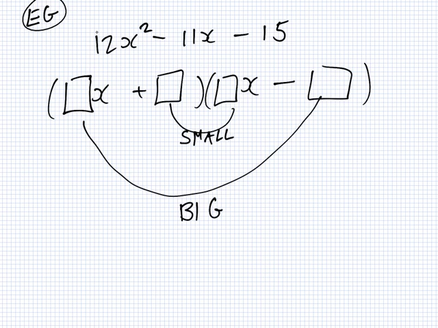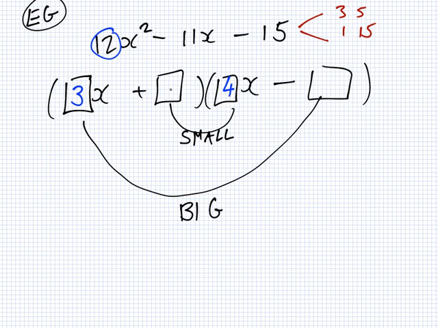Okay, let's start. 12, a couple of things. We could have 12 and 1, 6 and 2, 3 and 4. So we have a few things to try. Let's try 3 and 4 first, but we might be wrong. So 3 and 4. Okay, so 15 we can have 3, 5 and 1, 15. So at least there's only two things to try here.